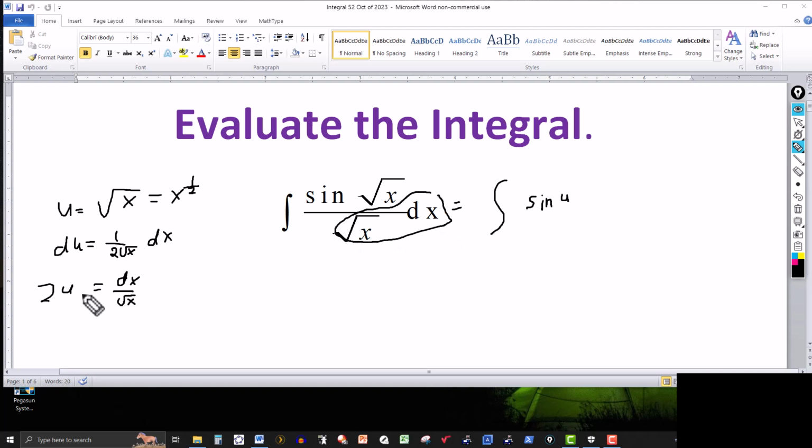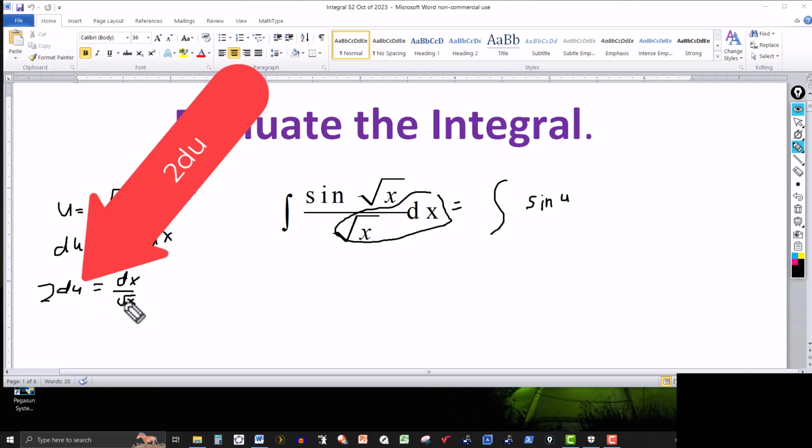That can be replaced by 2 du. Again, dx over the square root of x can be replaced by 2 du. I'll put the 2 out in front here, and it looks like this.